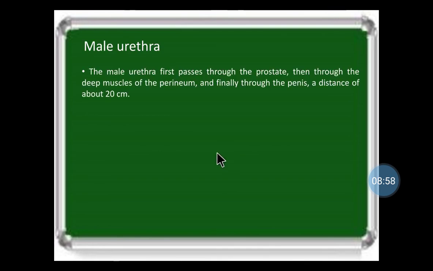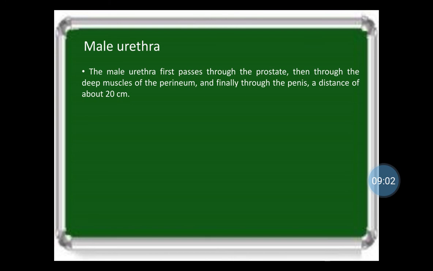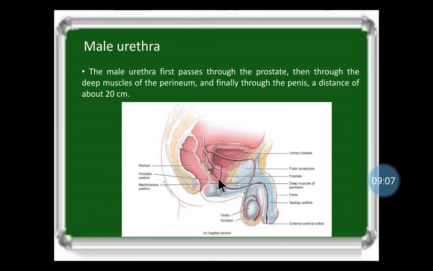Then the male urethra. The male urethra first passes through the prostate. This is the diagram of the male urethra, and this is the urinary bladder, and this is the long urethra which is about 20 cm long.